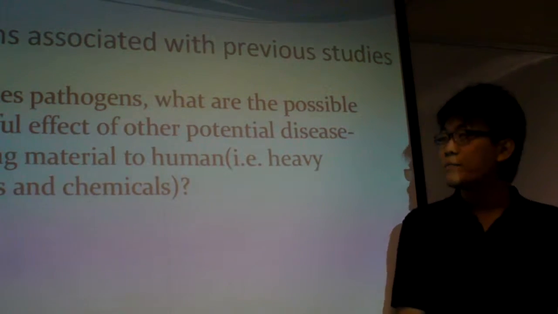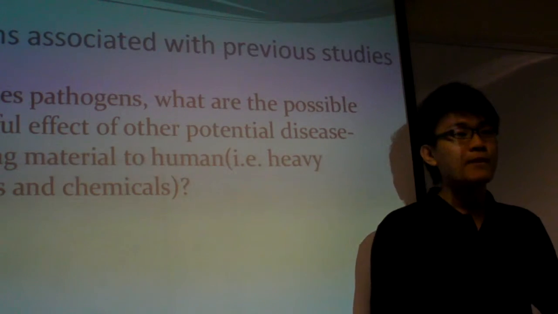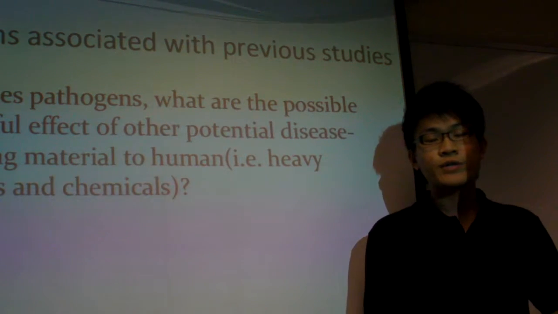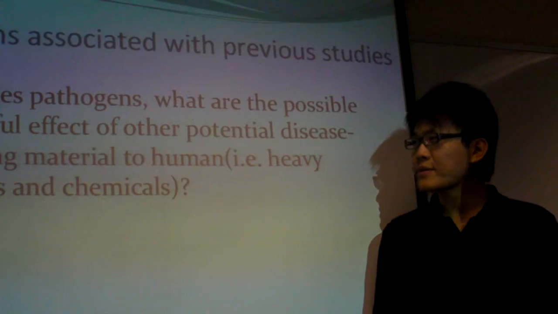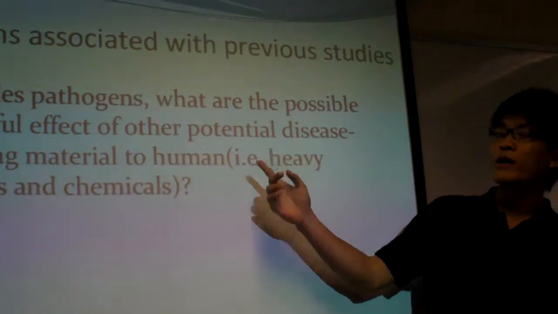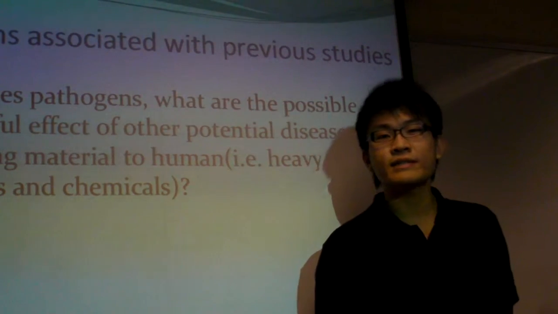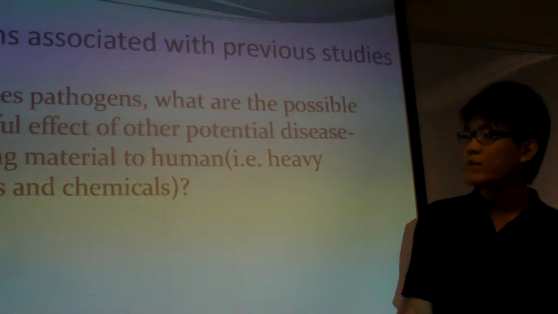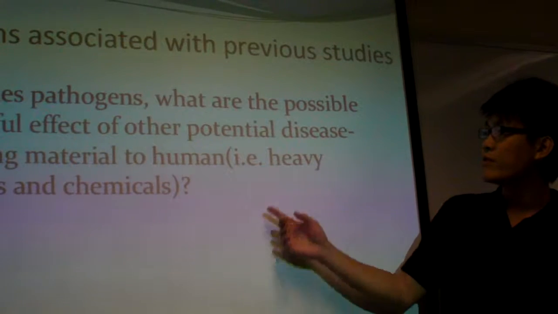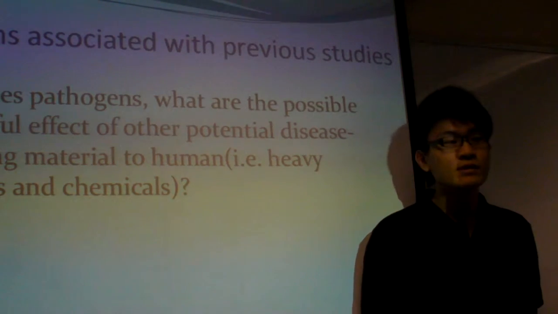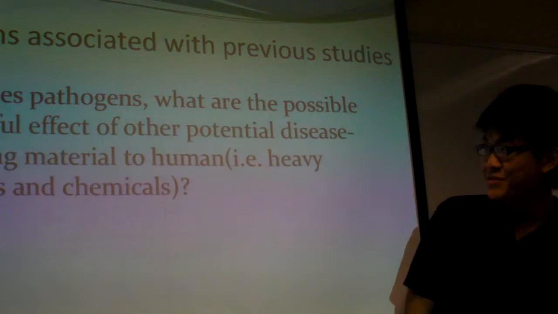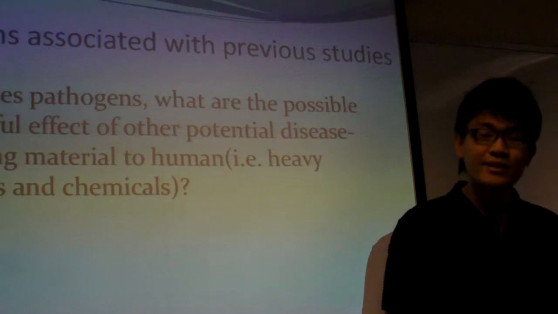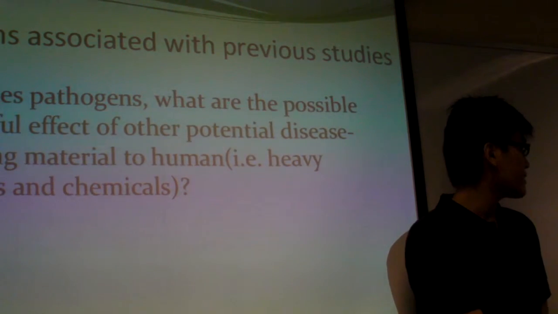And also, besides pathogens, the research papers I've read all focused on pathogens causing disease. But how about other potential disease-causing materials, for example heavy metals and chemicals? These may also be interesting for me to study.